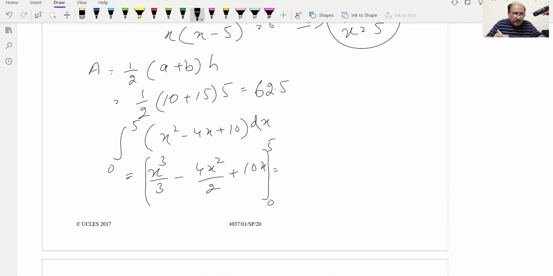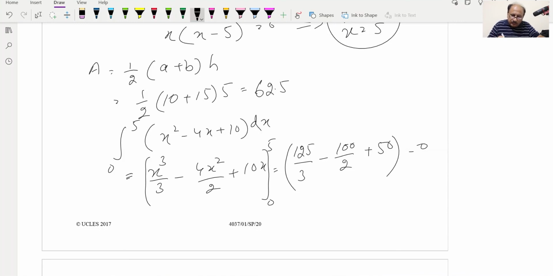And first we'll replace the upper limit, and this will be 5 cubed will be 125 over 3, and minus 4 into 5 square will be 25 into 4 will be 100, so 100 divided by 2, plus 10x will be 50. And we can further replace the lower limit, so it will be 0, because all x values are involved in this.